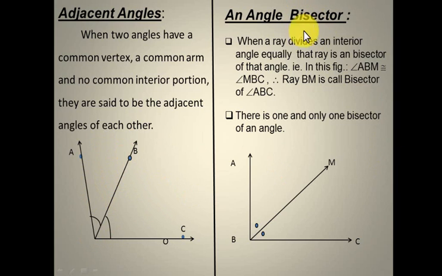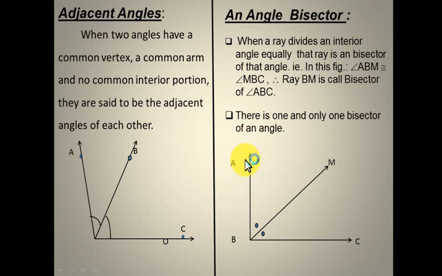Now angle bisector. The image is the same but there is a difference. When a ray divides an angle into two equal parts, then it is the bisector of that angle. That means rays AB and BC are meeting at this point, and ray BM is cutting it, bisecting it exactly into equal angles. If this is 45, this will be 45.